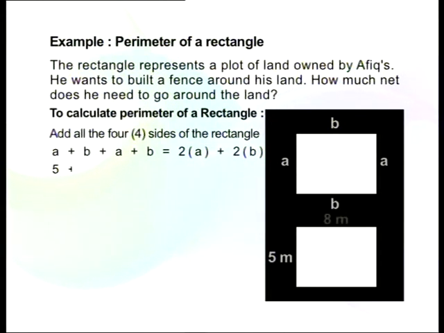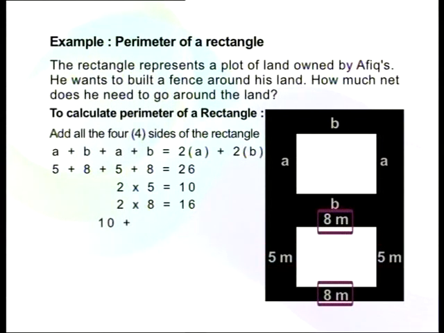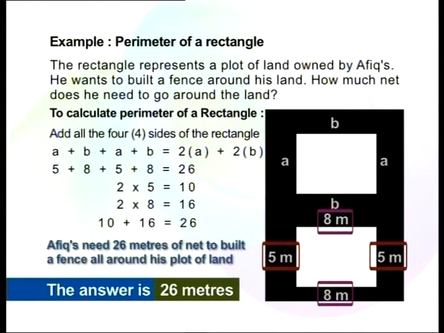So 5 plus 8 plus 5 plus 8 is equal to 26, or 2 multiplied by 5 equals 10 and 2 multiplied by 8 equals 16. 10 plus 16 equals 26. The answer is 26 meters. Afik needs 26 meters of net to fence all around his plot of land.